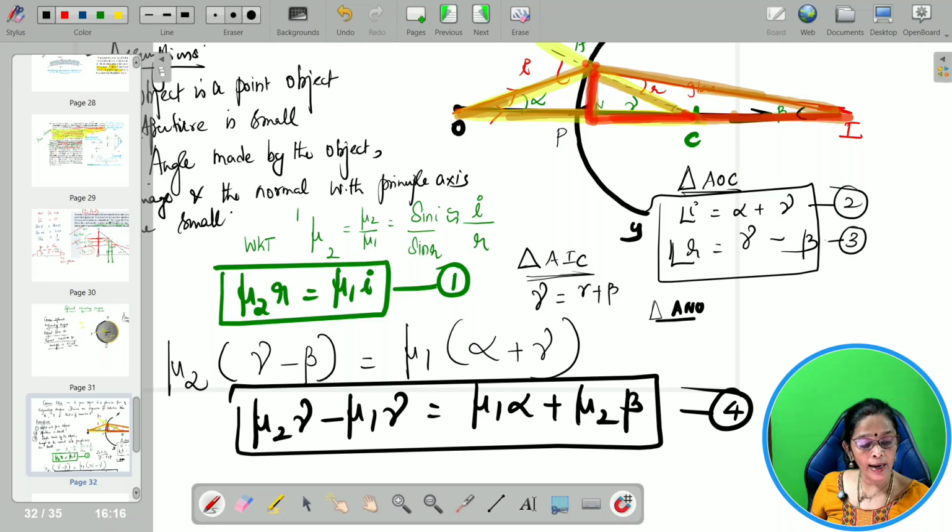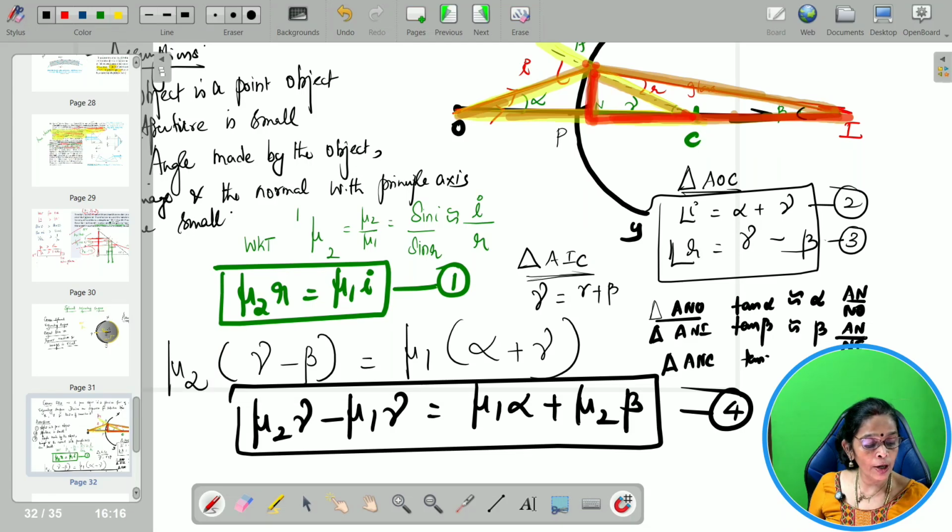For small angles, alpha is equal to AN by NO. Similarly, tan beta for small angles is beta, so AN by NI. Similarly, for triangle ANC, tan gamma for small angles is gamma, AN by NC.